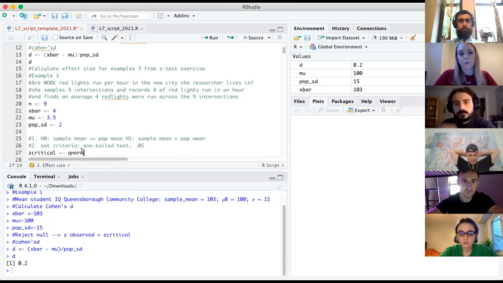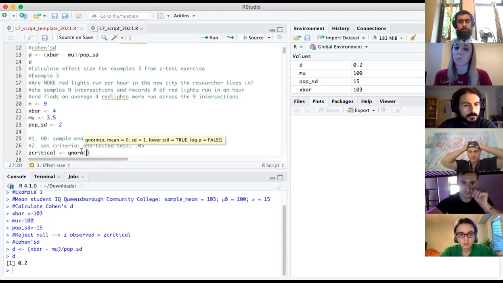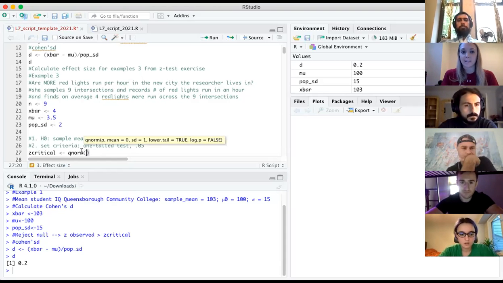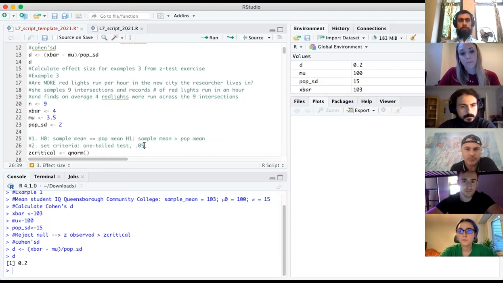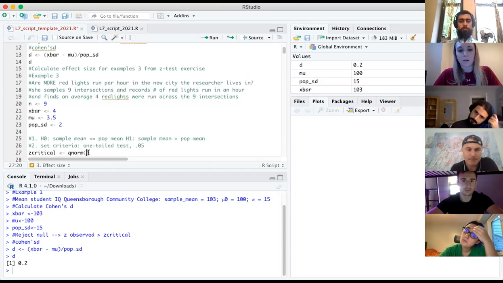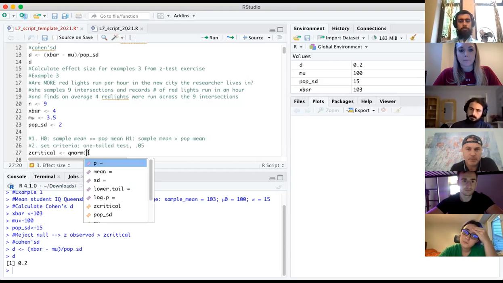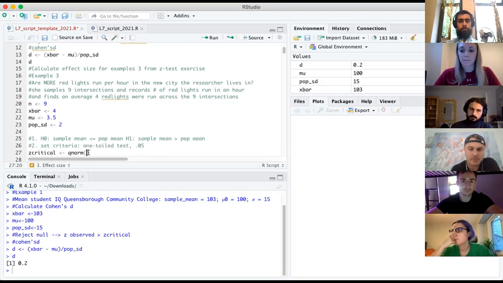Yes. So now, if we want to set the criteria for what our critical value is for when we will reject that, it's a p-value of 0.05 because it's one-tailed. If it was two-tailed, it would be 0.025, right? We would split that. Or if we want to find the z critical value, we do qnorm of 1 minus 0.05.